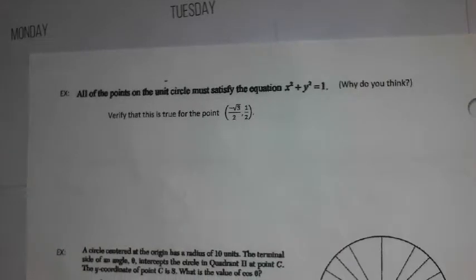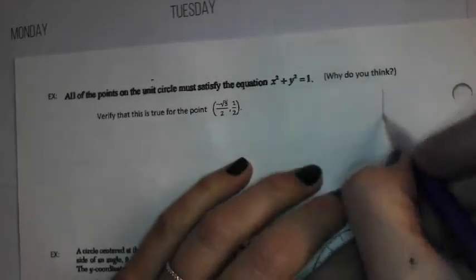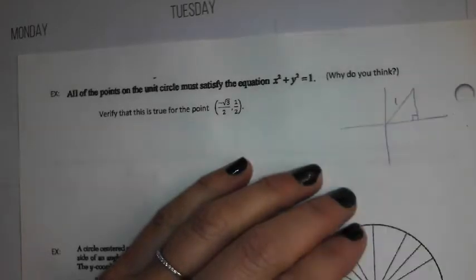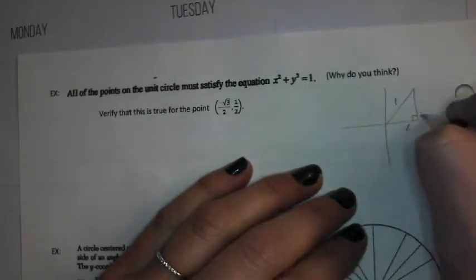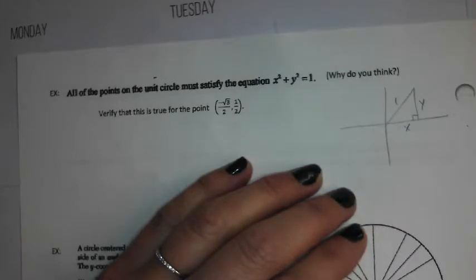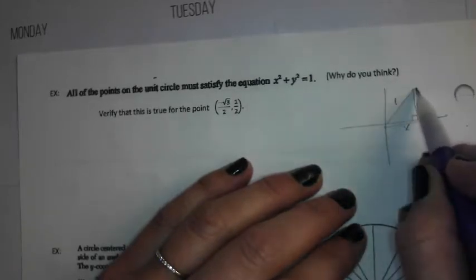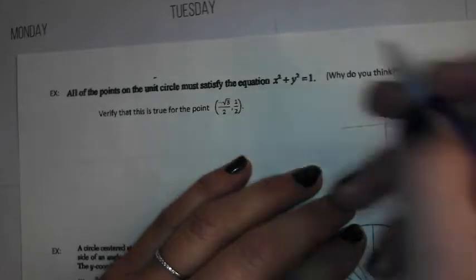This next example tells us that all the points on the unit circle must satisfy the equation x squared plus y squared equals 1. Why do you think? That's because anytime you're on the unit circle, your hypotenuse is 1, right? And that's just the Pythagorean theorem. X squared plus y squared has to equal 1 squared, technically.